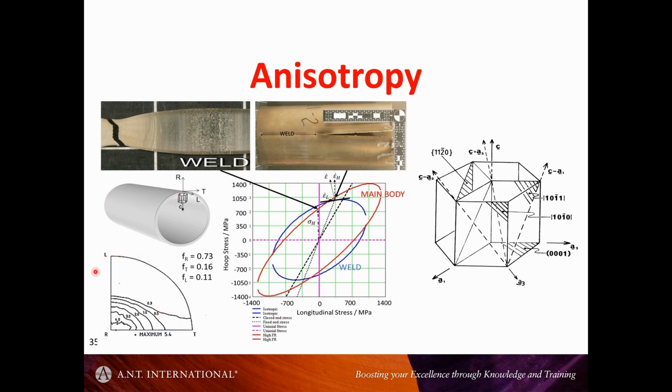This is represented on a basal pole figure like this, and you see that the contours, which dictate the probability of finding a basal pole, increase as we go towards the radial direction. So that means that most of the grains are oriented with the C-axis up and down in this radial direction.